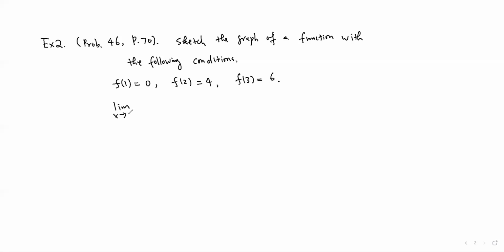Left-hand sided limit at 2 is -3. Right-hand sided limit at 2 is 5. We need to sketch a curve that satisfies all these conditions.